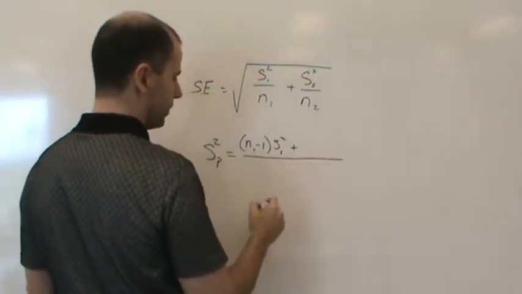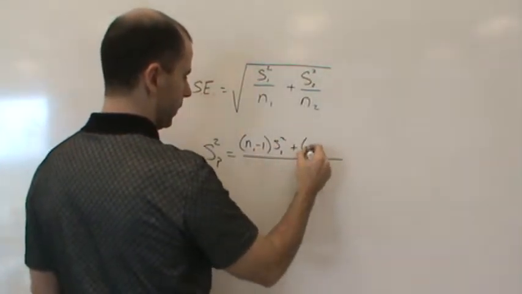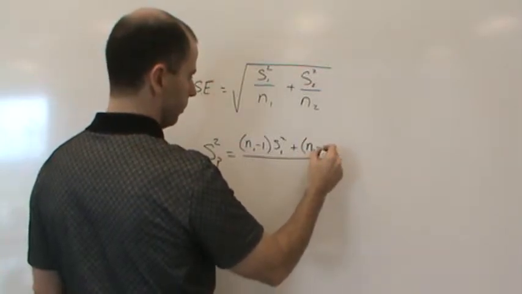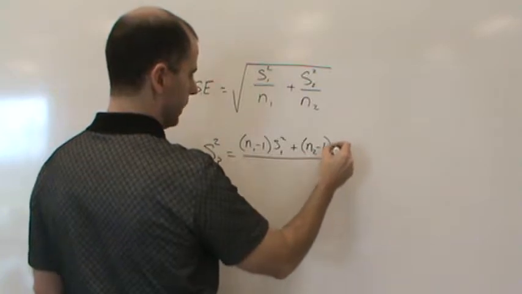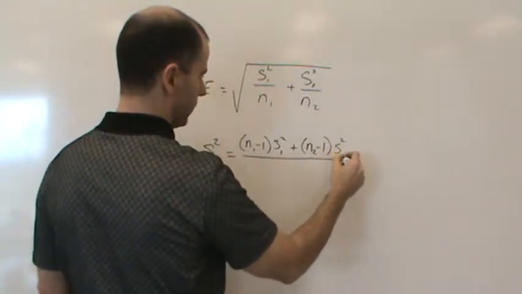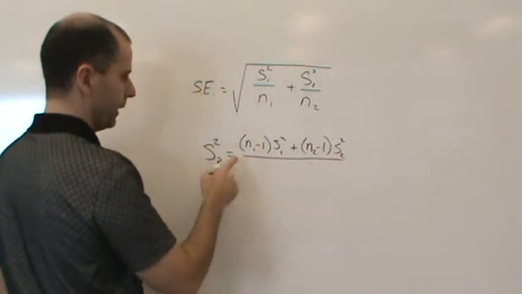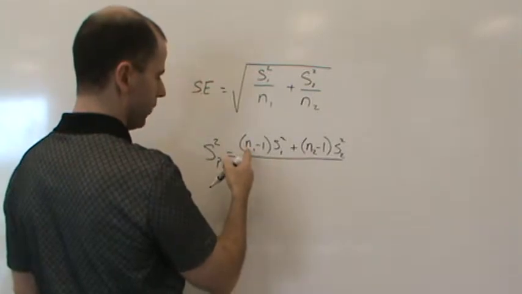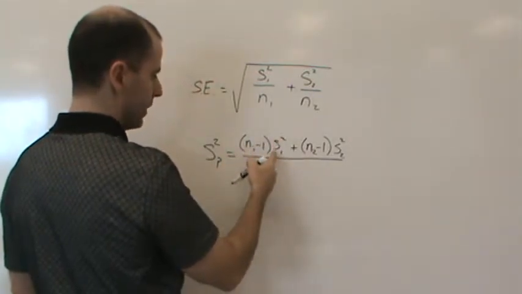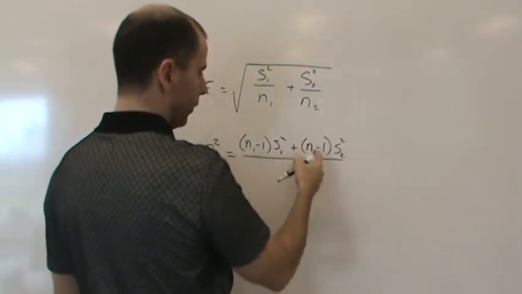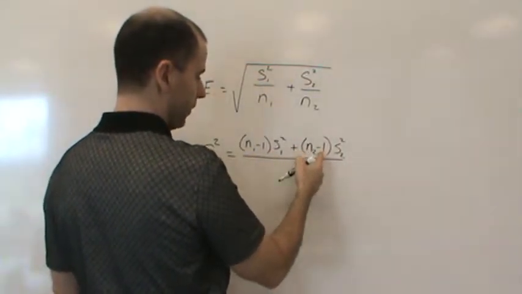And then we add it to the degrees of freedom of the second sample times the sample variance of the second sample. So in the numerator we get this product plus this product.